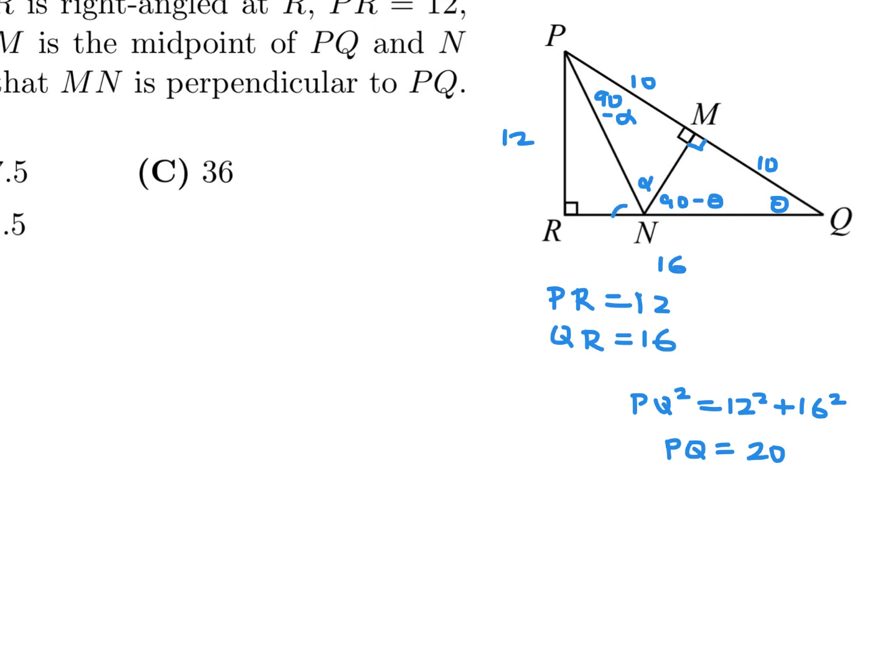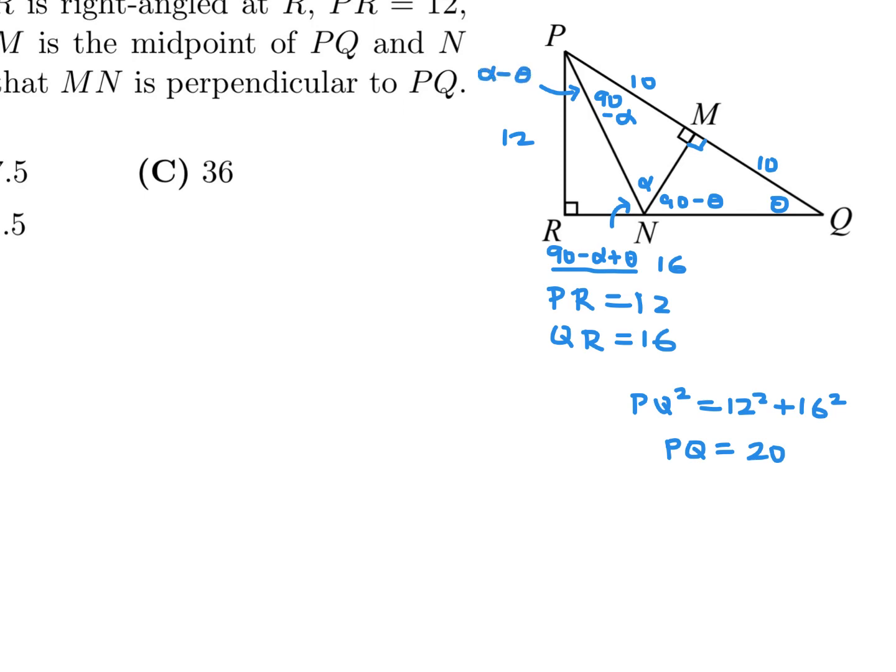This angle in here is going to be 180 minus these two, so it'll be 90 minus (alpha plus theta). And this angle in here will be 90 minus this one, so it'll be alpha minus theta.